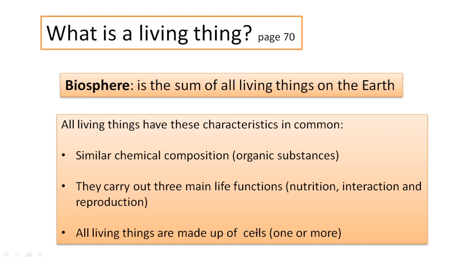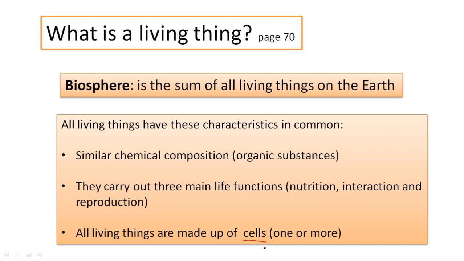The next characteristic is that they carry out three main life functions. This is probably the most important one. Only living things can carry out these three life functions, which are nutrition, interaction or sensitivity, and reproduction. Also, all living things are made up of cells. This is also an important characteristic.